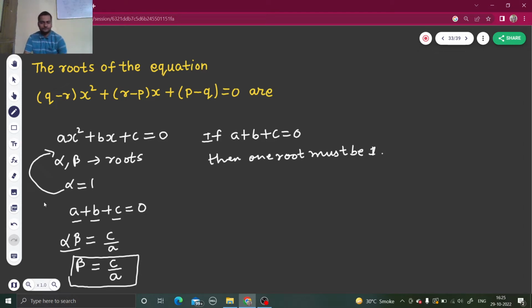Okay, so let's proceed. As I will tell, the first method will always be the traditional method. So let's see how we can solve this by the traditional method, that is by using the quadratic formula. So you will find x by minus b plus minus under root b square minus 4ac.